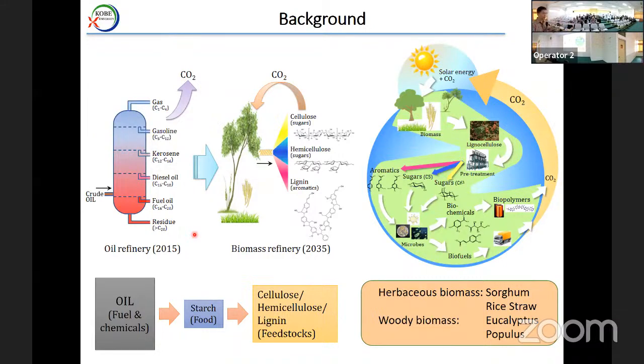So the wide definition of biomass is biomaterial that came from carbon dioxide by photosynthesis. All of these resources are defined as biomass. Typically, as you can see here, wheat, grasses, wood, or sugarcane are some of the popular biomass.